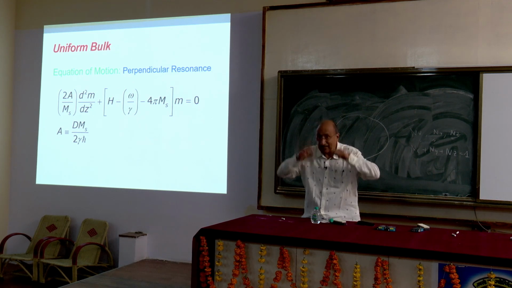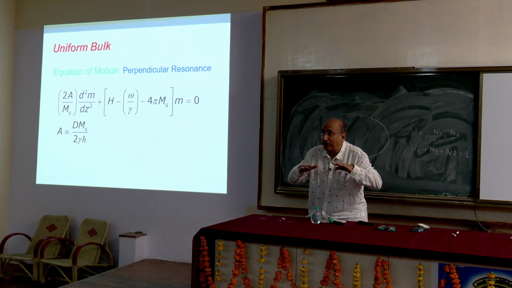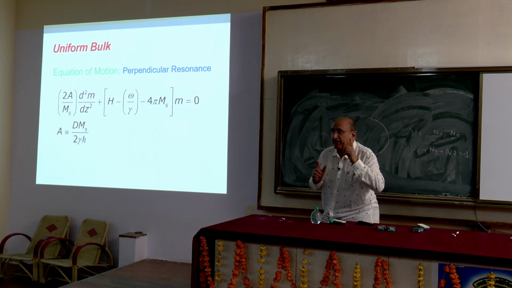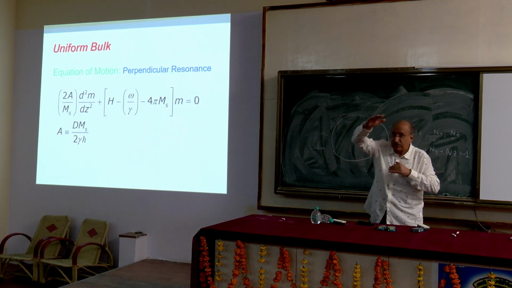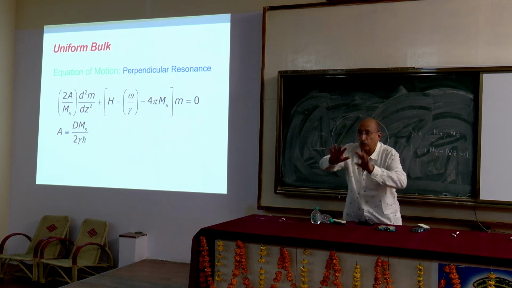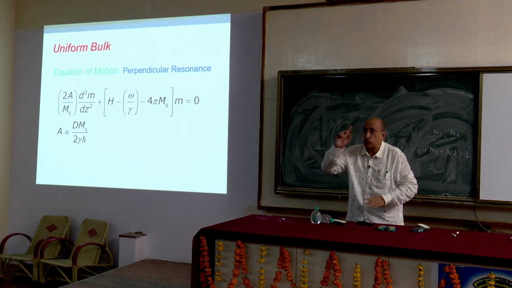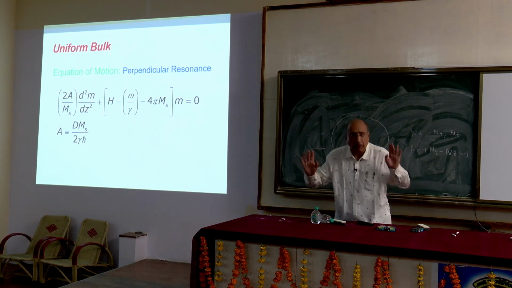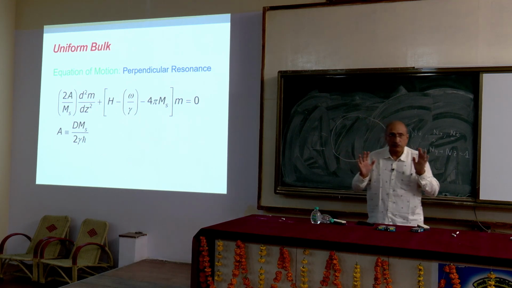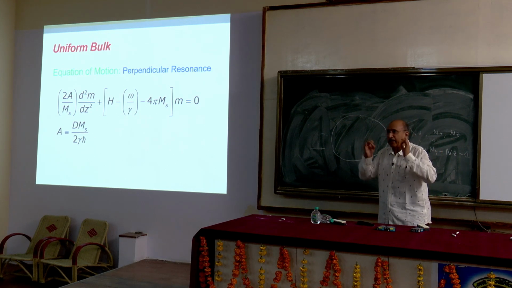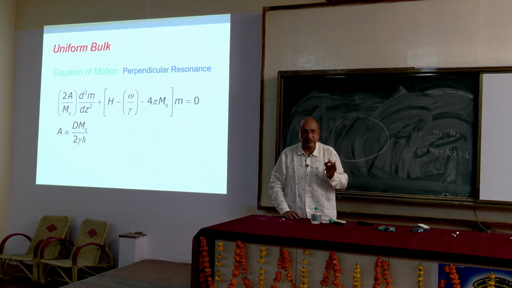Whenever you are applying statistics, which is more important, which tells you how the states are going to be filled, that is in omega space, energy space. A lower energy state will be filled first, a higher energy state will be filled later, if I am talking of fermions, for example. So I have to go from k space to omega space. This is a basic, fundamental problem in condensed matter physics. You require the dispersion relation, and that is why the relationship between omega and k is given so much importance in condensed matter physics.